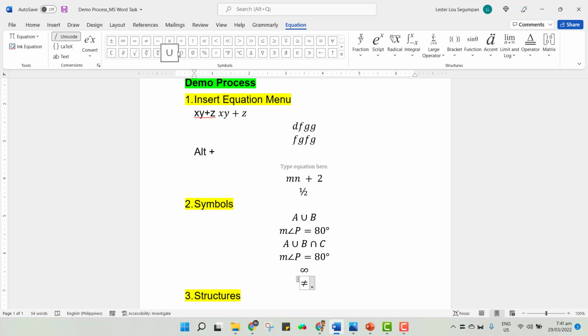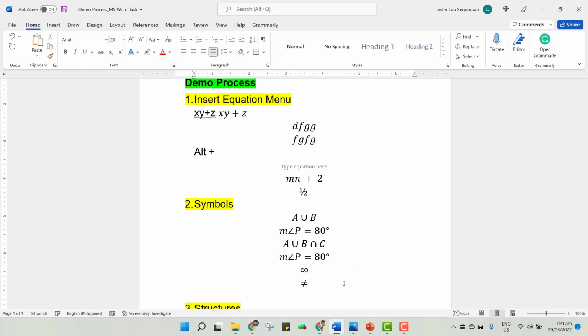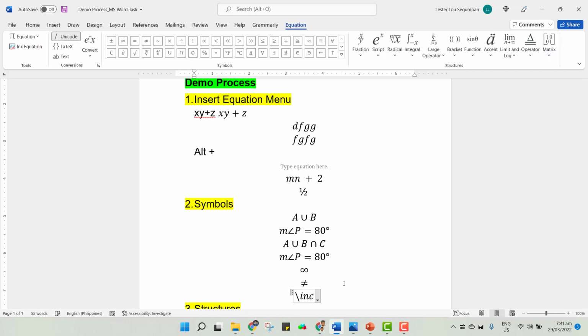This applies to most of the other symbols here, though the others have no shortcut. Forward slash increment, forward slash deg for Fahrenheit, forward slash partial, var. But you need to be familiar with this before you can do it as fast as you can.